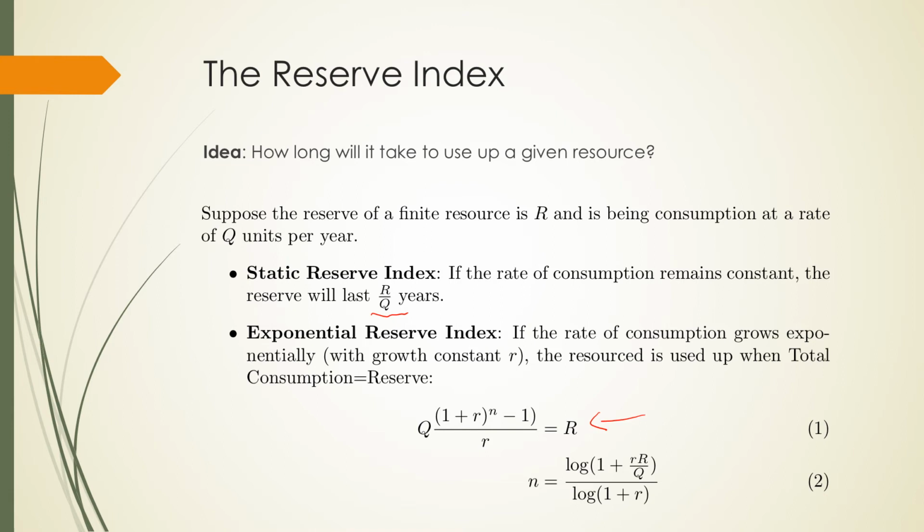We're interested in the time it takes for total consumption to equal the reserve, so we're solving for n. Using algebra, including the log rules, I come up with the following formula, which gives the exponential reserve index. At the end of the video, I'll work through the derivation of this formula for those of you who are interested. But first, I want to apply these ideas to an example.